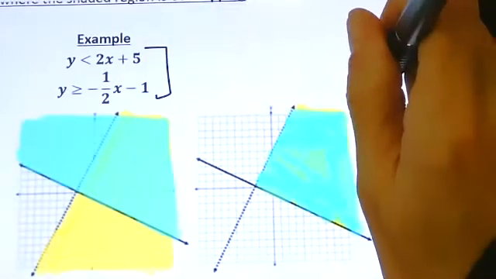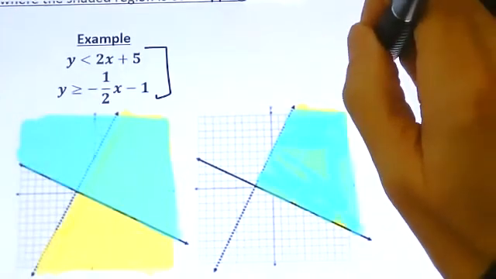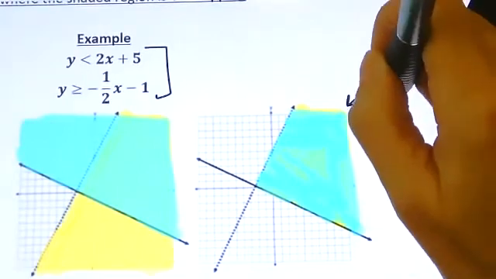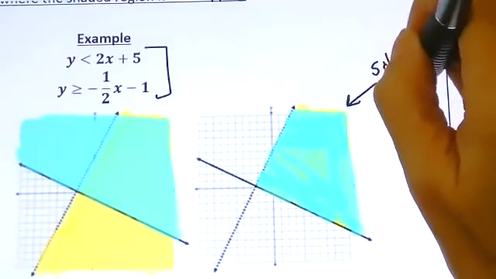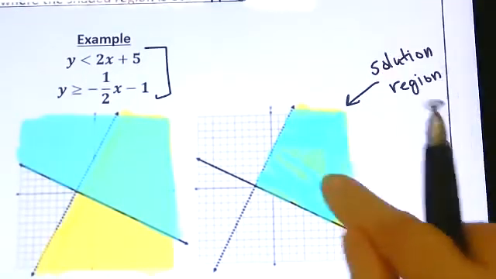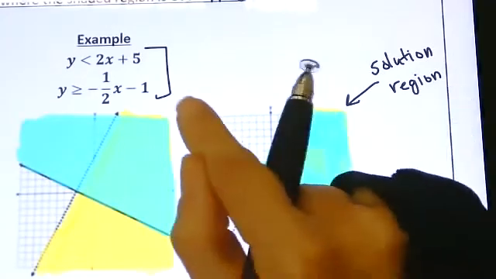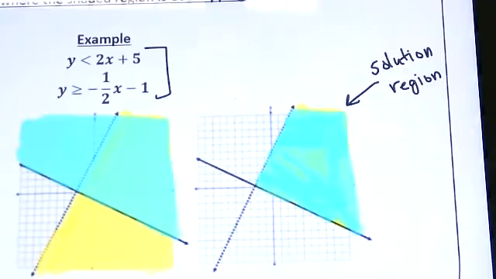But this right here is the solution region. That means that any point in this solution region is going to be true for both inequalities.